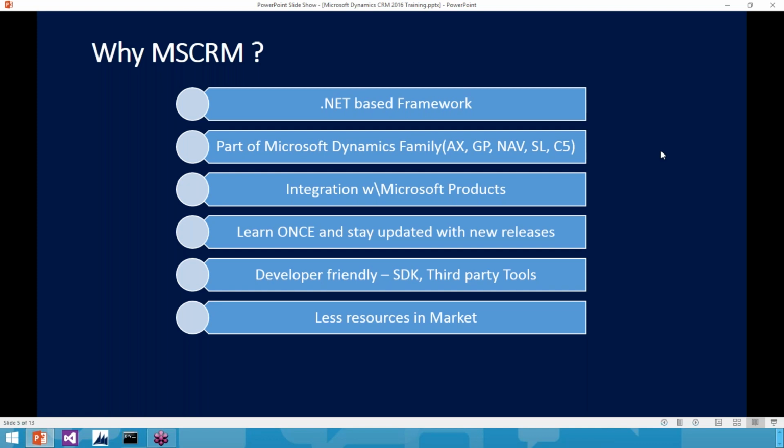But if you are into CRM, then you will see the blissfulness. It's very easy. It's very easy to understand. Very convenient with development activities.